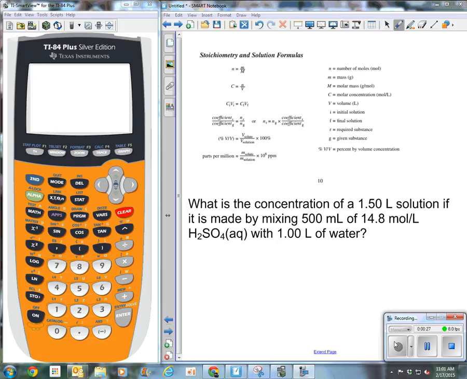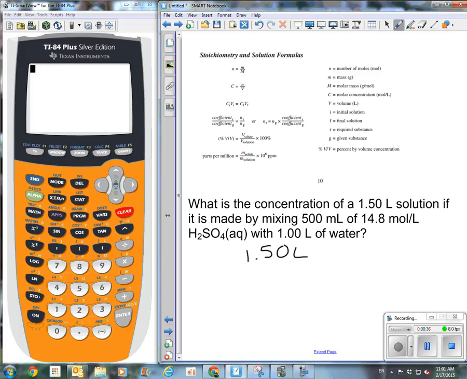So I have 1.50 liters. Well, that's a volume, and I'll need to figure out which one in a minute. If it is made by mixing 5... sorry, 500 milliliters of this solution, I'm going to convert that over to 0.500 liters, and that was done by dividing by 1,000.